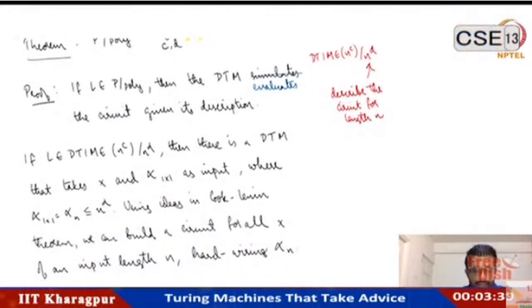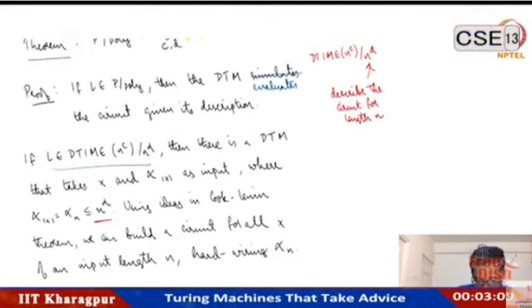Now let us see the other direction. Suppose L is in DTIME(n^c) / n^d. This means there is a Turing machine that takes x as input, and for each input length it has a different advice string, where the length of the advice string is bounded by a polynomial.